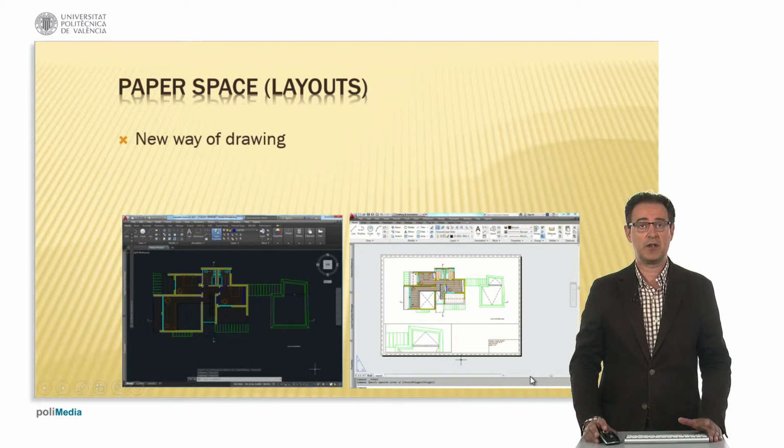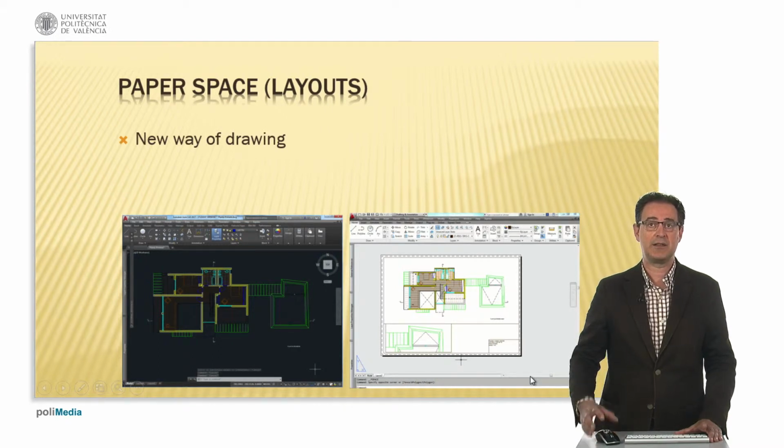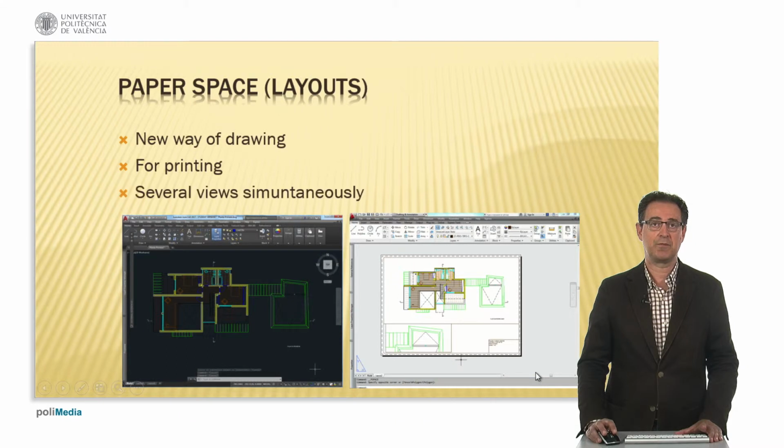Most of the drawing is done in model space, but there are some things, most of them related to printing, that are done in the paper space. And in paper space you can work with different views simultaneously and you can print at the same time.